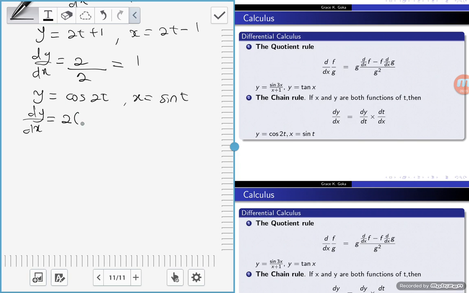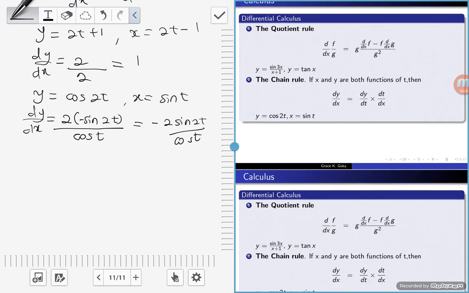Differentiating cos, we get negative sine 2t. All over differentiating sine t with respect to t, we get cos of t. So this is equal to negative 2 sine 2t all over cos of t.